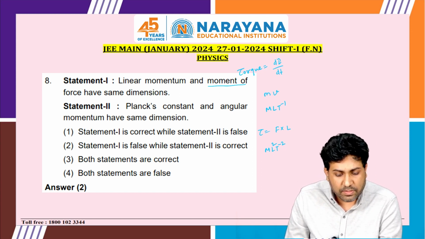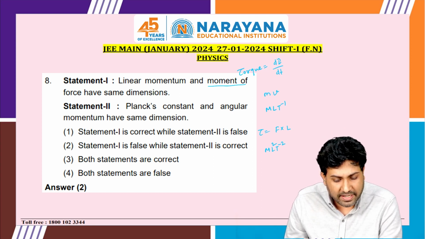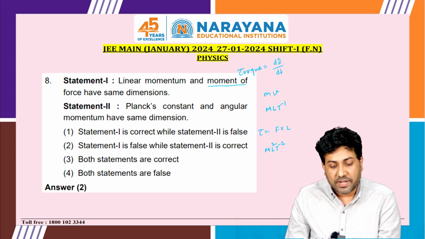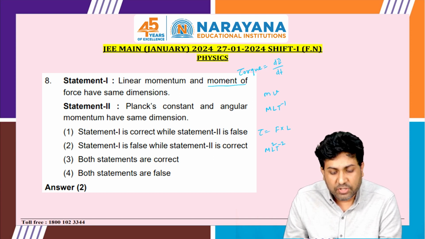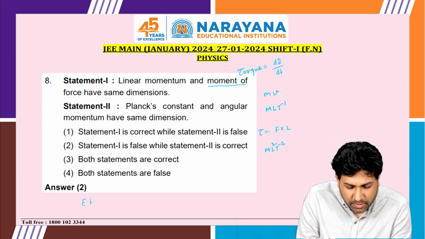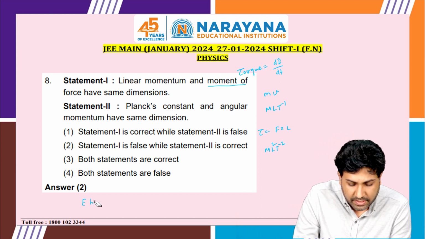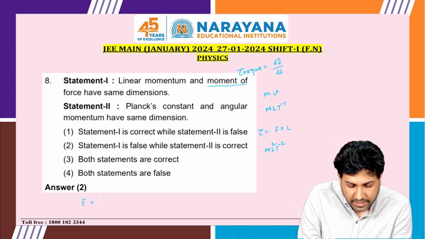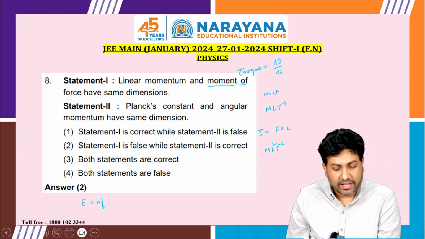And the second one is, what is the dimension of Planck's constant and angular momentum? Let's find out the dimensions of Planck's constant. You know that E is equal to hf, where h is the Planck's constant.